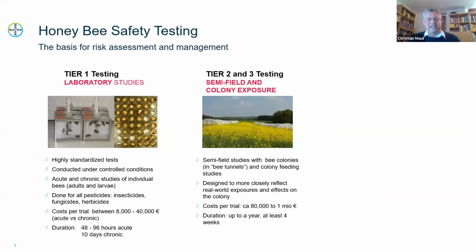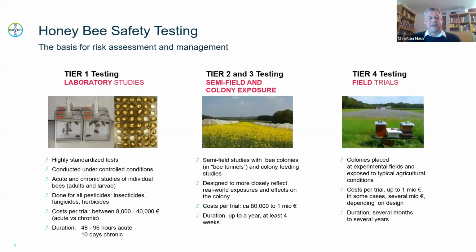And if that is still leaving questions, it goes then into the field under realistic conditions. So this is a three or four tiered system, which is hierarchically arranged and, as you see, is going from a very simplistic to a more and more realistic exposure scenario.